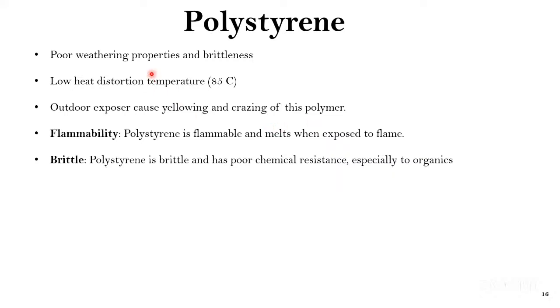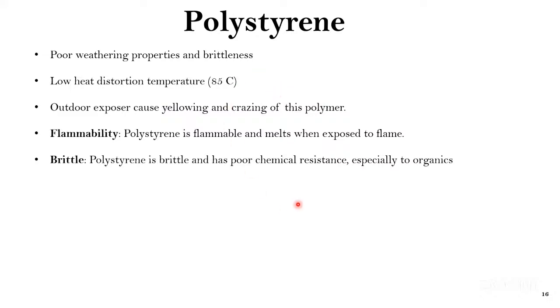Weathering properties are also very poor. They have a quite high Tg value, but still, due to their structure, they have poor weathering property, and that leads to brittleness. So these are the limitations of polystyrene. Due to these limitations, they use some acrylonitrile butadiene, so they can have very good chemical resistance and good outdoor exposure or application.